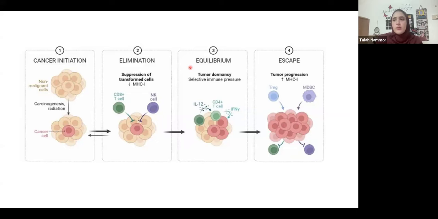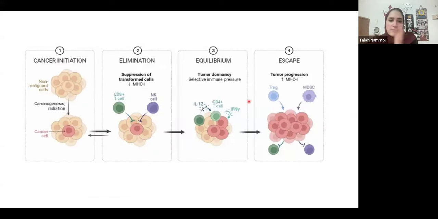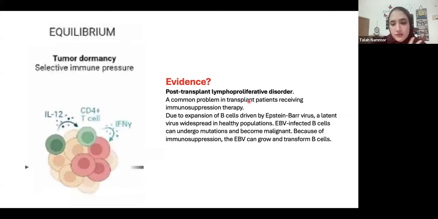Let me find a way where they can't identify it. Let me put a barrier between me and them. So they're going to edit. They're going to have mutations that give them an advantage to evade the immune system. All right, and these are the different parts of cancer, and I personally find it very, very fascinating.